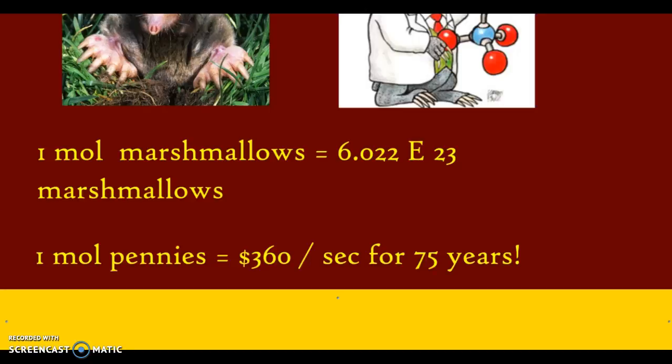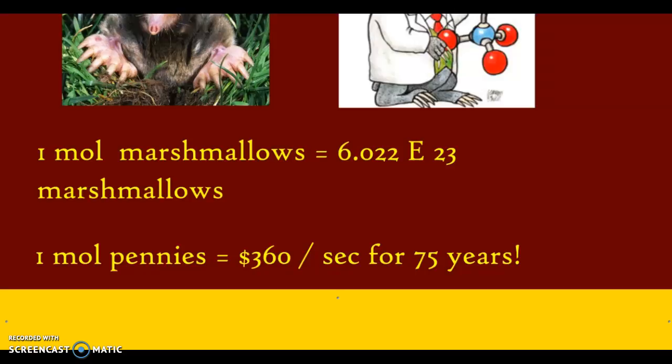If we had a mole of pennies, 6.022 times 10 to the 23rd pennies, and we divided those pennies equally, we'll say there's 7 billion people on the earth. If we divided those pennies equally among everyone on the earth, every person would have $360 a second to spend for 75 years, assuming everyone lived to be 75 years old.